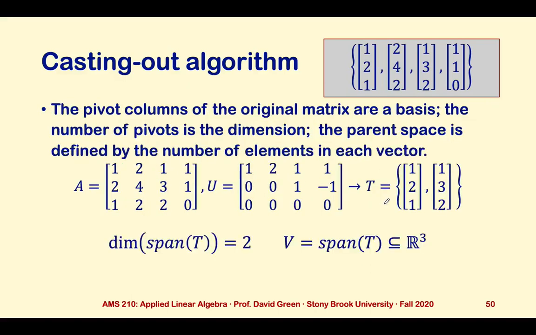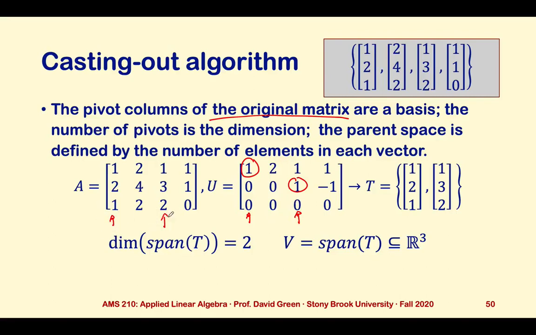The reason there's no benefit to continuing on is that to find our basis, we need to go back to the original matrix. Very important part of this approach. We identify the pivot columns from our echelon form. The pivot columns are 1 and 3.